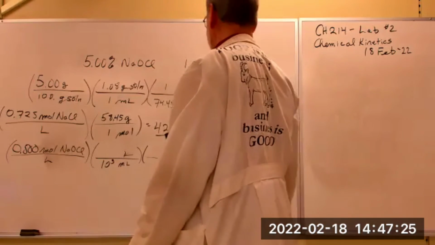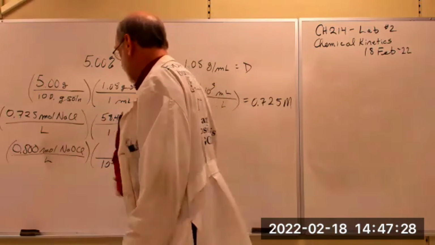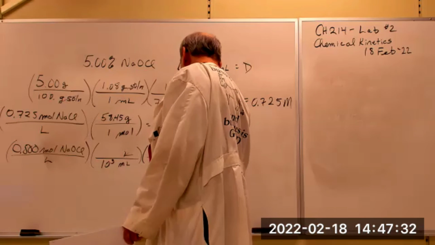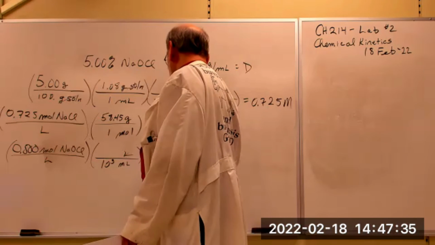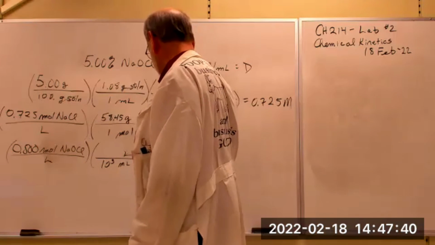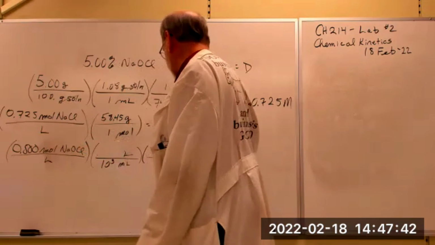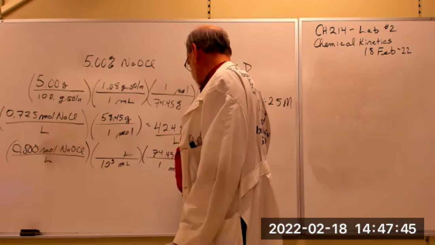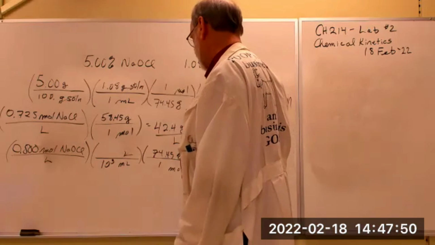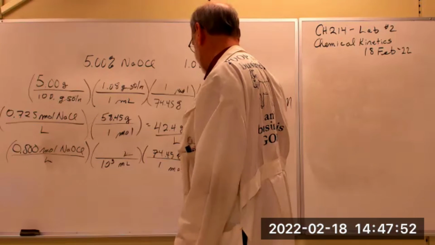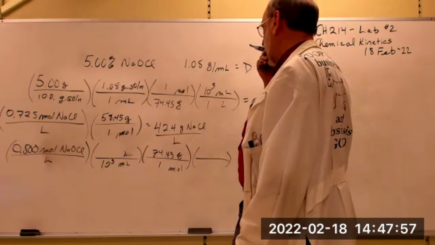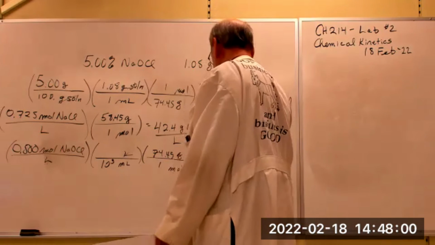Now we need to change this to grams. So moles on the bottom, grams on the top would be 74.45. Okay. So that's grams of sodium hypochlorite per milliliter. But we need grams, not milliliters.